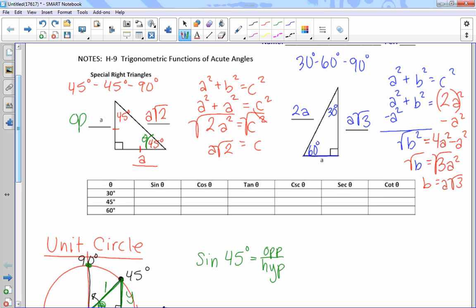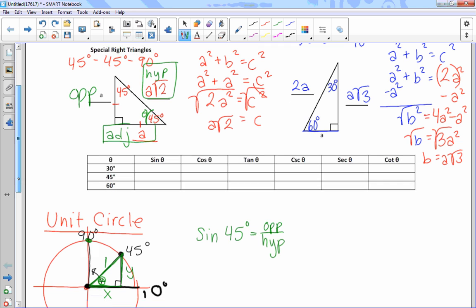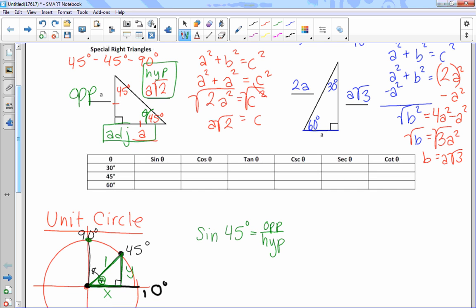So please label opposite. Which side should I label as hypotenuse? Yep. That's our hypotenuse, a root 2. And so the adjacent side is also a because it is an isosceles triangle. So opposite over hypotenuse, so find the sine of 45 degrees.